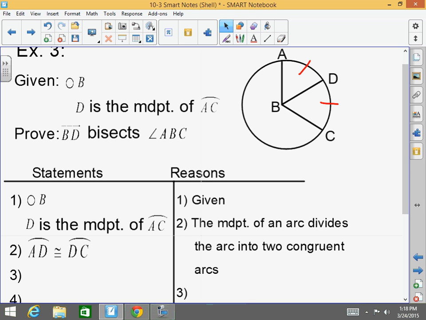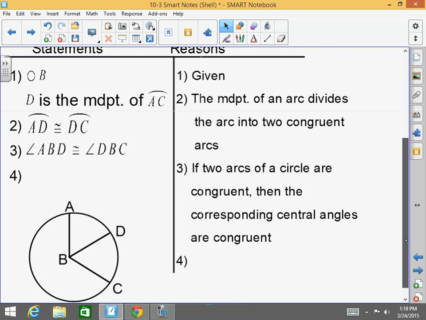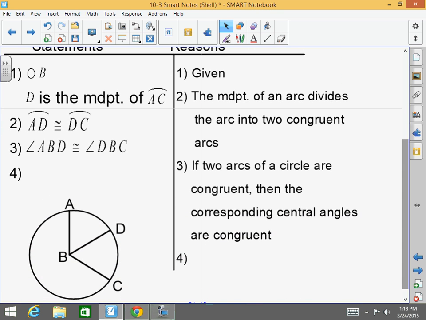You did get it. Good job, buddy. Angle ABD is congruent to angle DBC. Why? If two arcs of a circle are congruent, then their corresponding central angles are congruent.